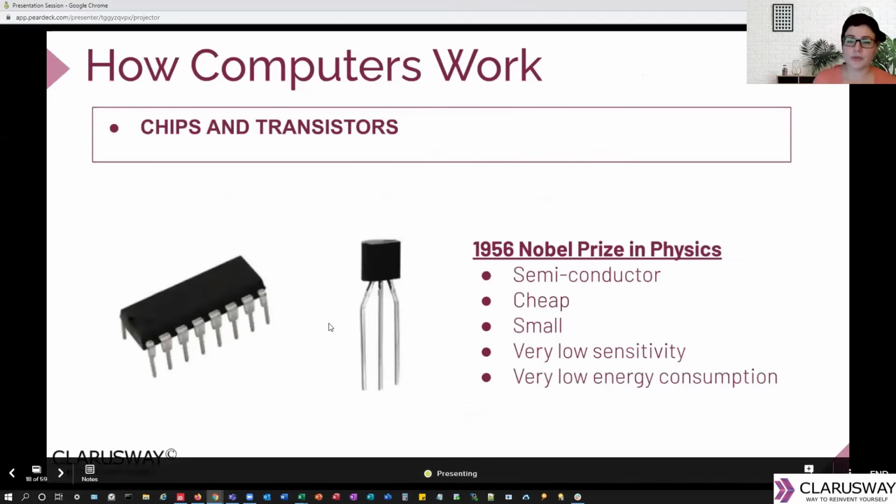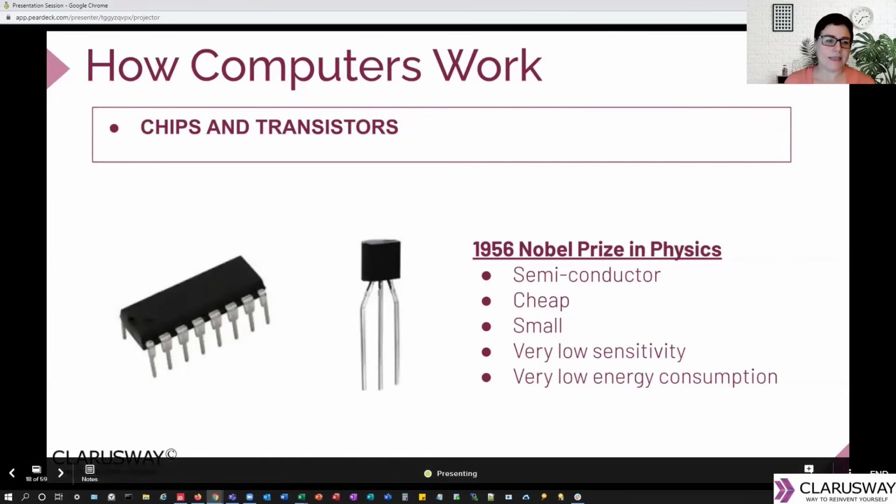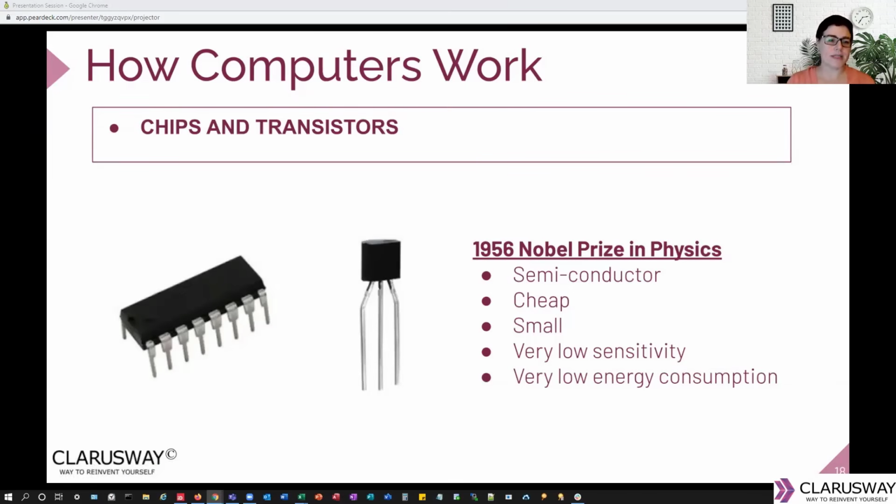Okay, how computers work. Basic building blocks of a computer: chips and transistors. And essentially, on the screen there, you can see we've got semiconductors. They are very, very small. And so computers consist of tiny components. We call them chips.